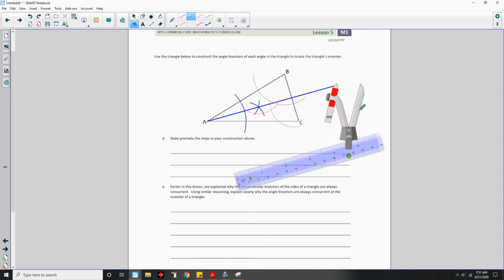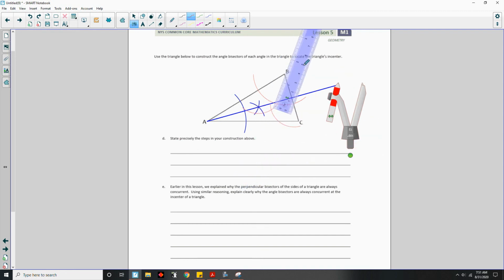And then where those two arcs intersected, I'm going to bring my ruler. I put 0 right there, rotate it so that B is there, and then draw a line or a ray that will bisect angle ABC. So now this angle is congruent to this angle. So there's my second angle bisector.